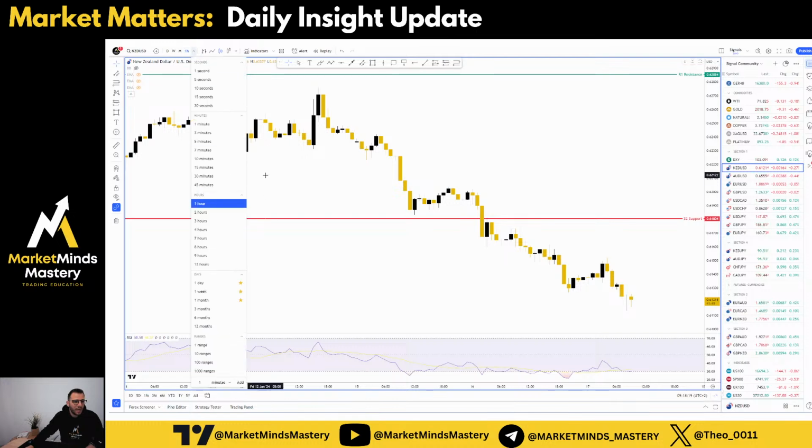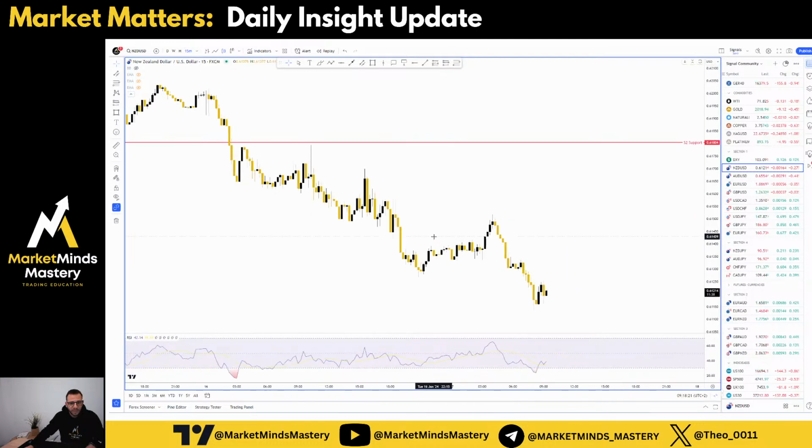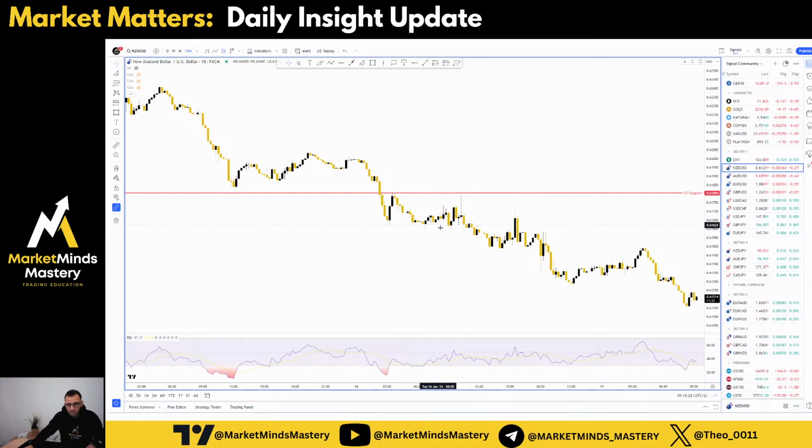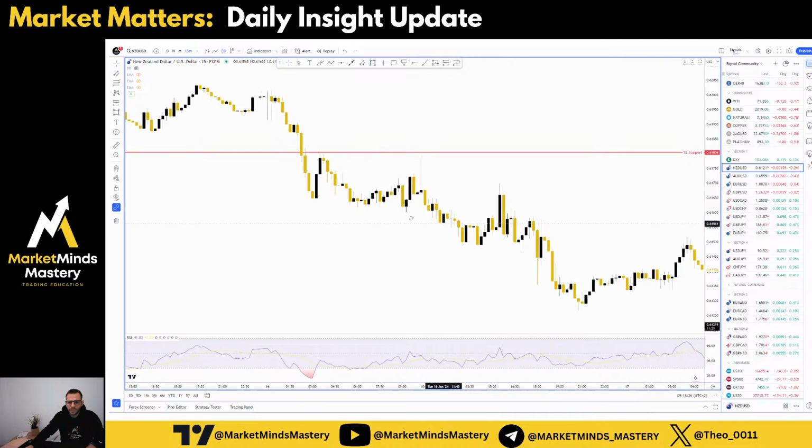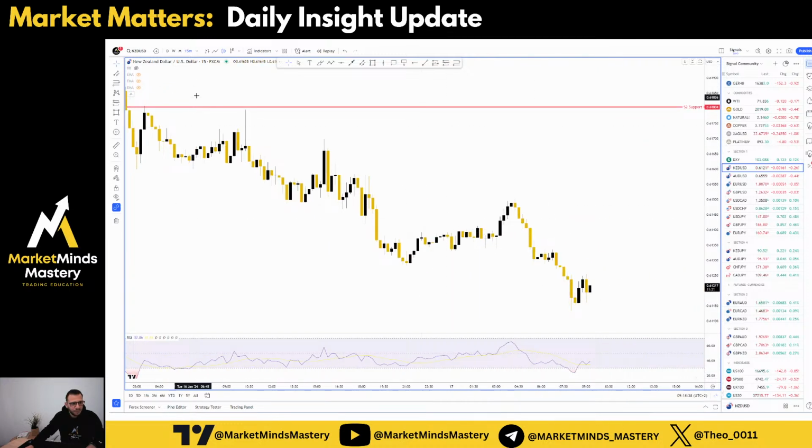Other traders might be looking at the 15-minute time frame because they want to capture swings, so you can do that too. Or price action on the 15-minute chart, if you believe that works for your trading style. Absolutely fine.